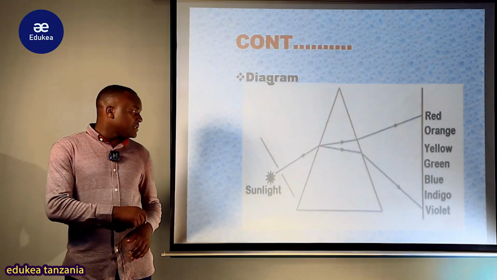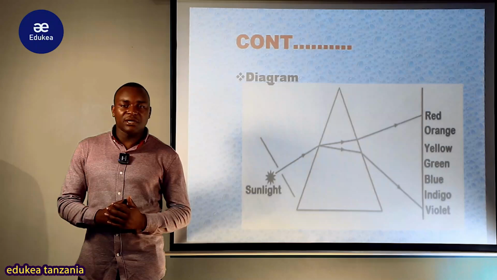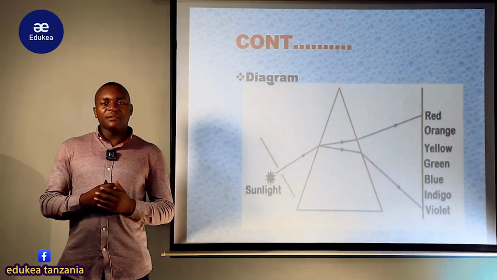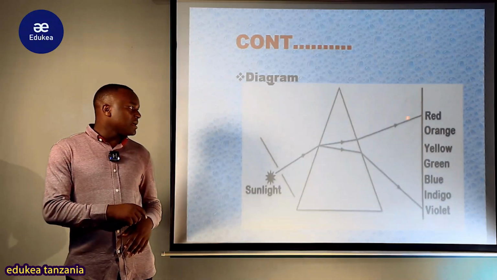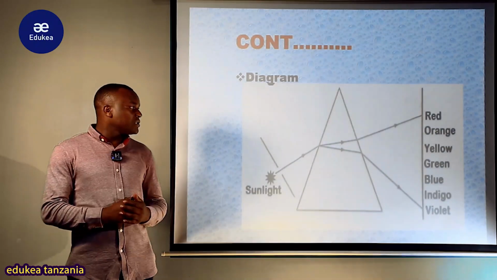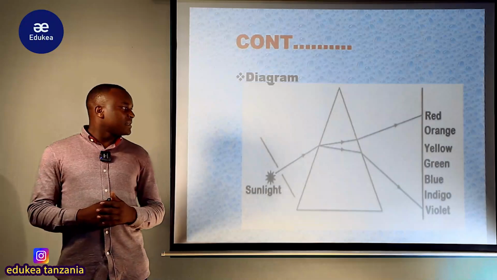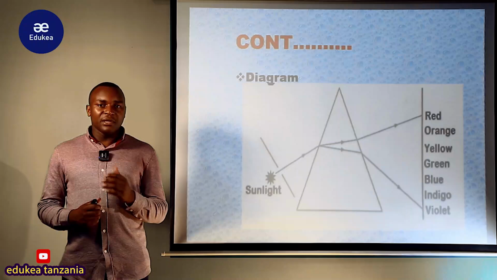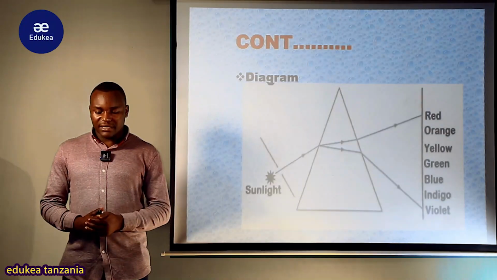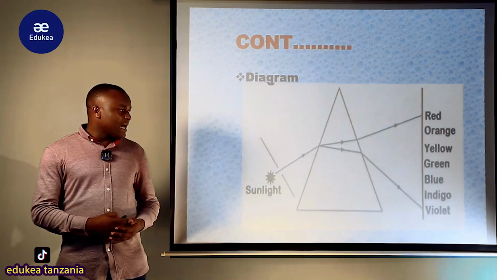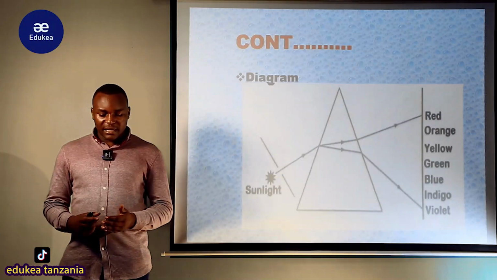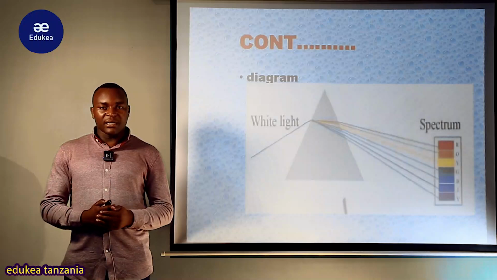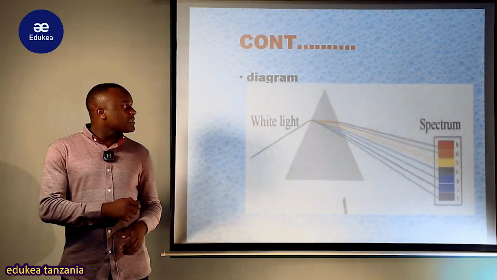So baada ya hii white light kukutana na prism ikatokea dispersion of white light na ikaweza kutengeneza spectrum ya rangi, ambapo ilianza na red, ikafata orange, ikafata yellow, ikafata green, ikafata blue, ikafata indigo na ya mwisho kabisa ikawa ni violet. So hii ilikuwa diagram ya upande, yani a simple diagram, but unaweza ukaangalia ambapo ni colored one, yani diagram ambapo ina colors.